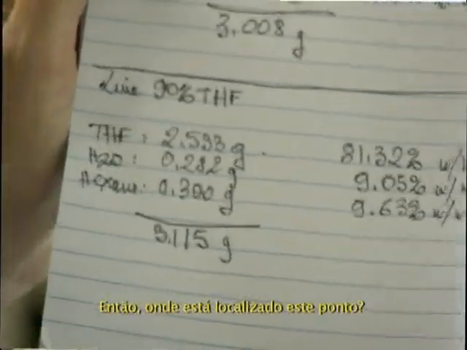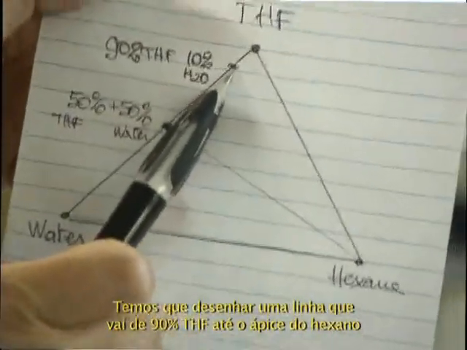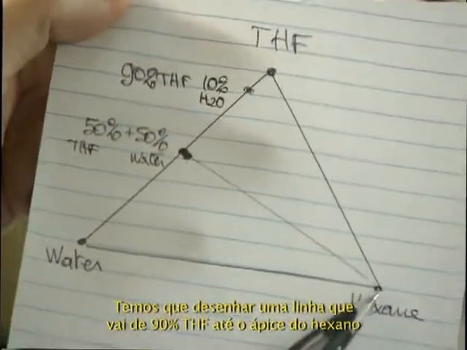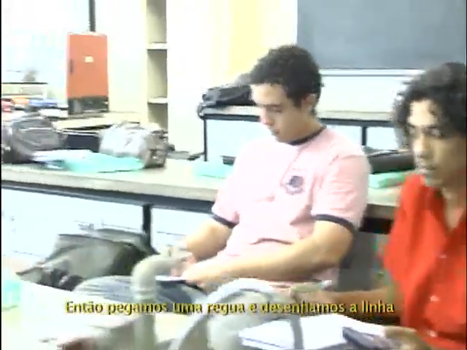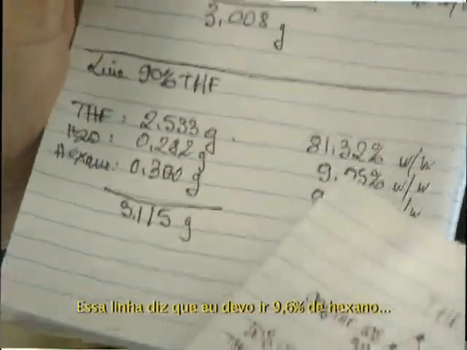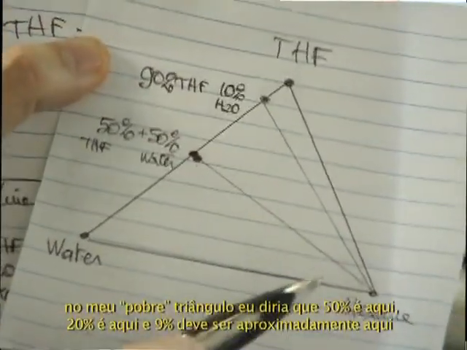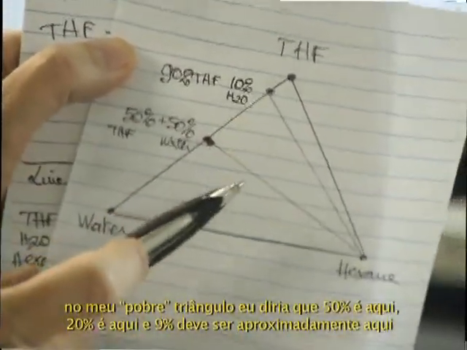So where is this point located? You have to draw a line that goes from the 90% THF up to the hexane apex. So let's take the ruler, draw the line. Okay, these lines tell me that I should go 9.6% hexane on my poor triangle drawn by hand.